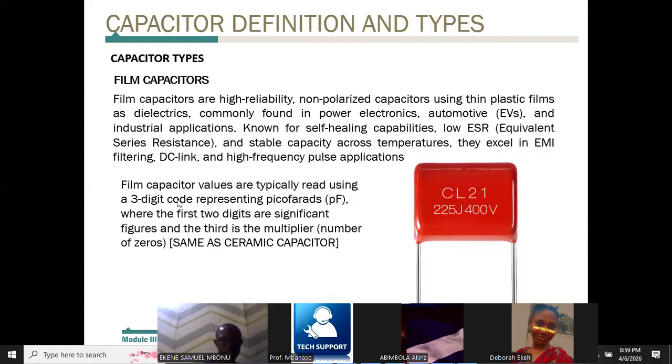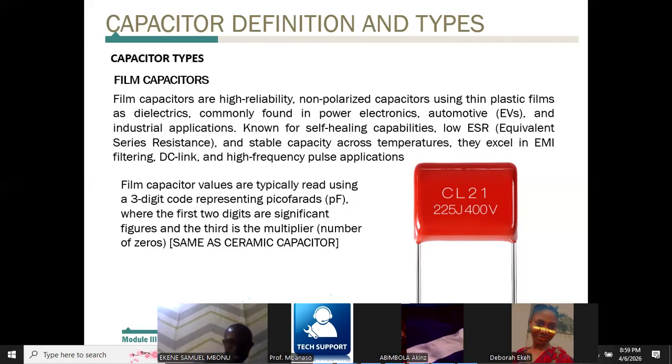Film capacitors are highly reliable, non-polarized capacitors using thin plastic films as dielectrics, commonly found in power electronics, automotive, electric vehicles, and industrial applications. Known for self-healing capabilities, low ESR, and stable capacity across temperatures. They excel in EMI filtering, DC link, and high-frequency pulse applications.